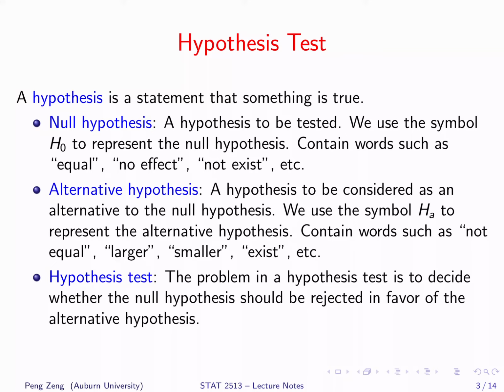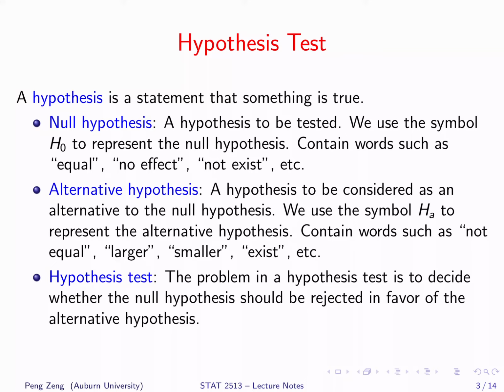The null hypothesis and alternative hypothesis are complements of each other. We need to make a choice between them. For example, for the weight of pretzels, the null hypothesis can be that the mean weight of bags of pretzels equals 454 grams. The alternative hypothesis is that the mean weight of bags of pretzels does not equal 454 grams.